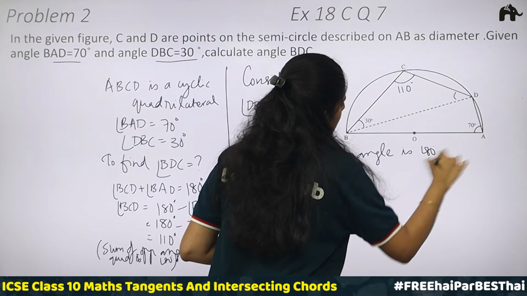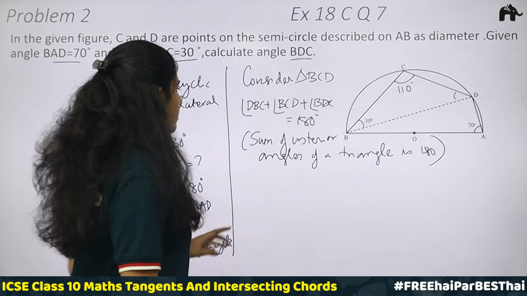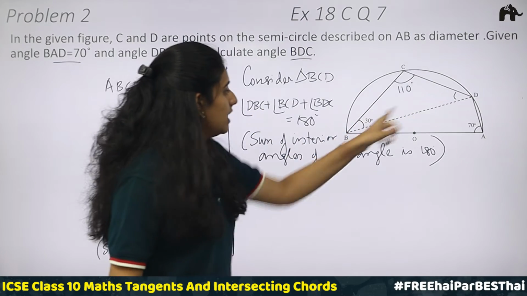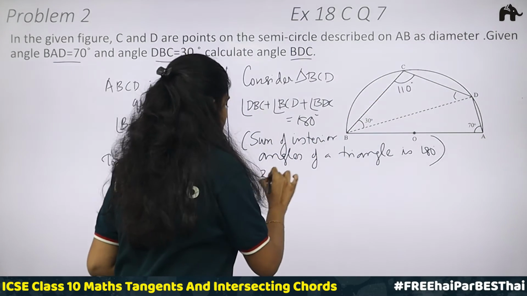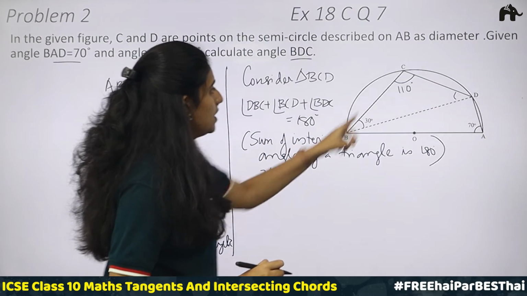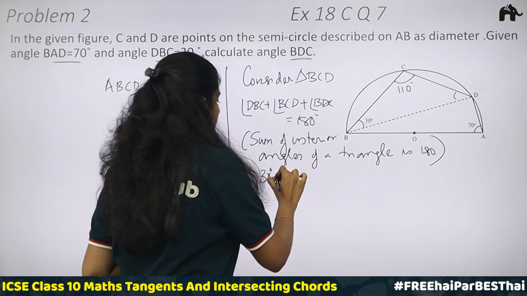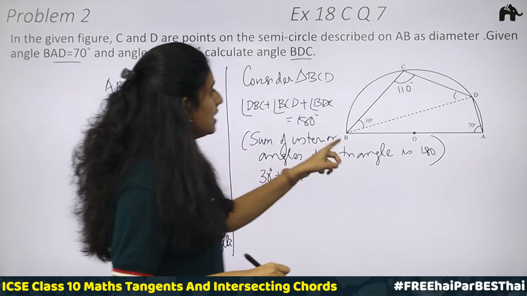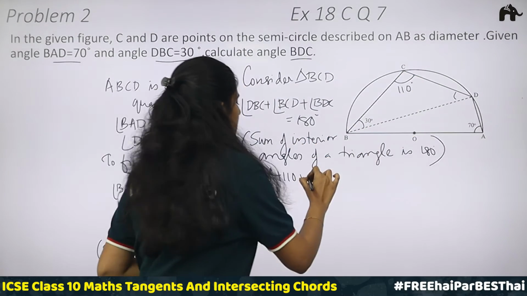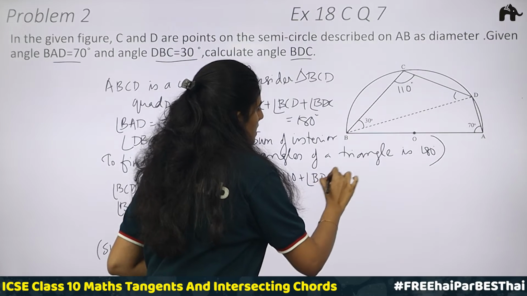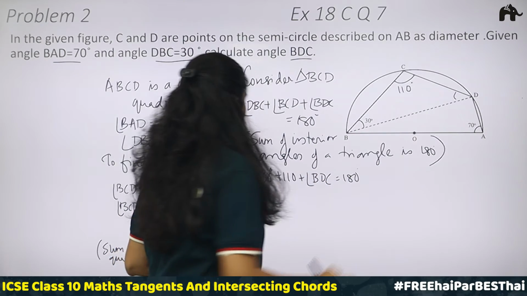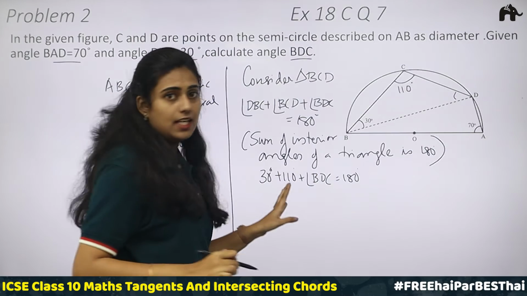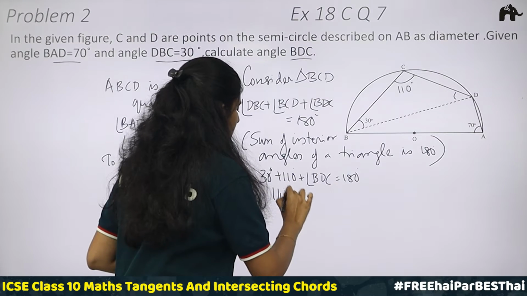The sum of interior angles of a triangle is 180 degrees. Now put the values. DBC is given, that is 30 degrees. Then BCD we have determined, which is 110 degrees. Plus BDC, which we need to find. Keep it as it is. 110 degrees plus 30 degrees, we get 140 degrees.